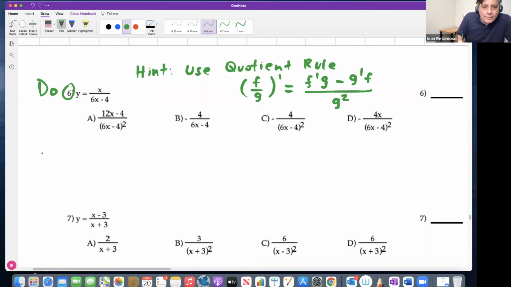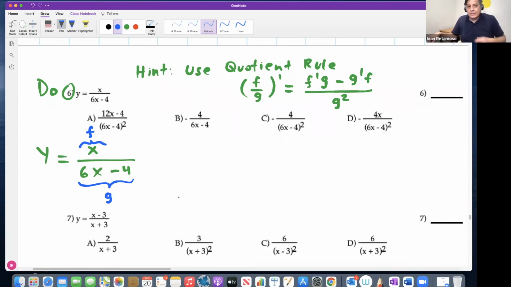Your function is x over 6x minus 4. Call the identity function x your f function, and call 6x minus 4 your g function. So go ahead and try and see what we get.